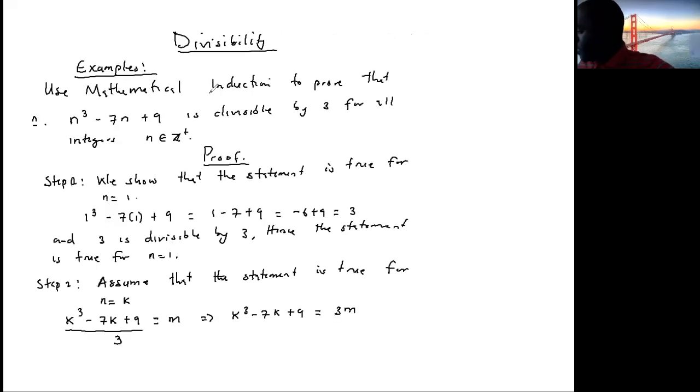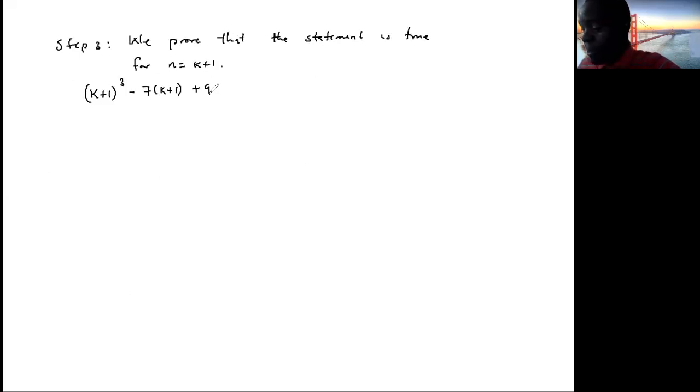So this must be divisible by 3. So to do that, let us expand this. So using binomial, we have k to the power 3 plus 3k squared plus 3k plus 1. That's the easy binomial expansion.